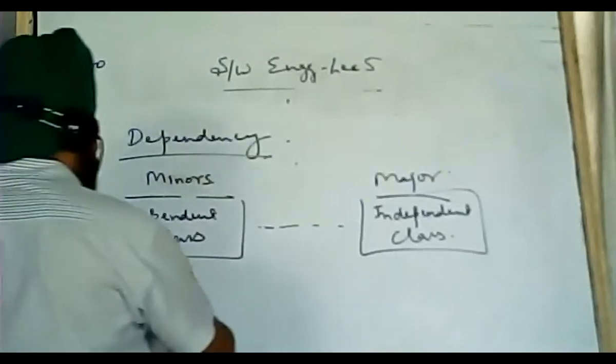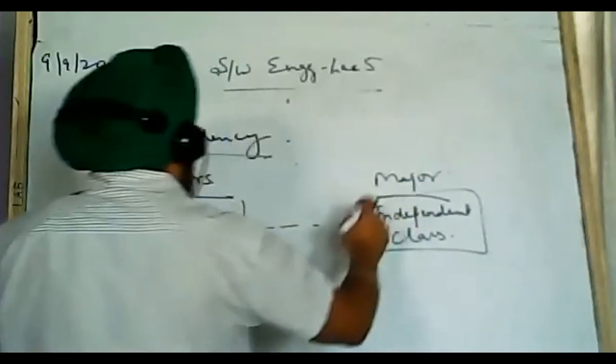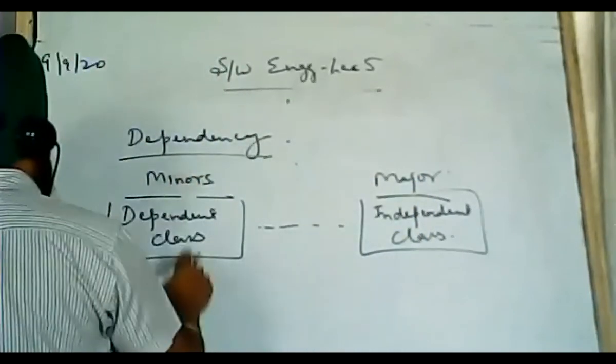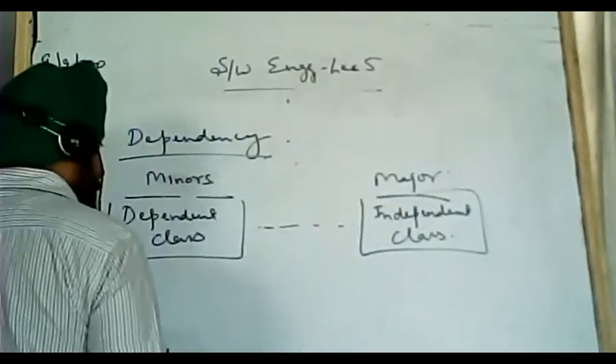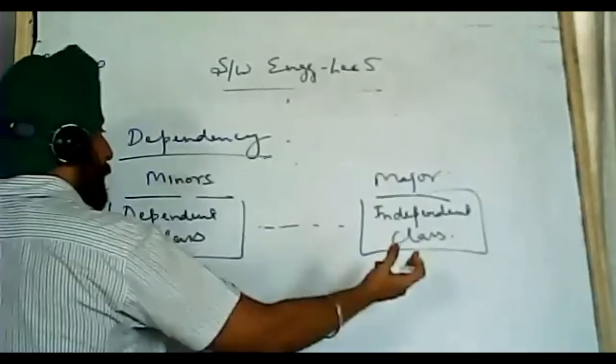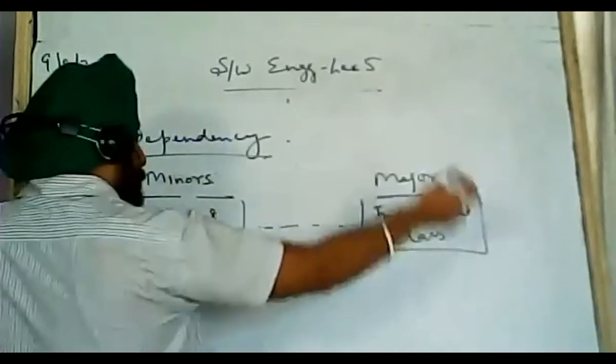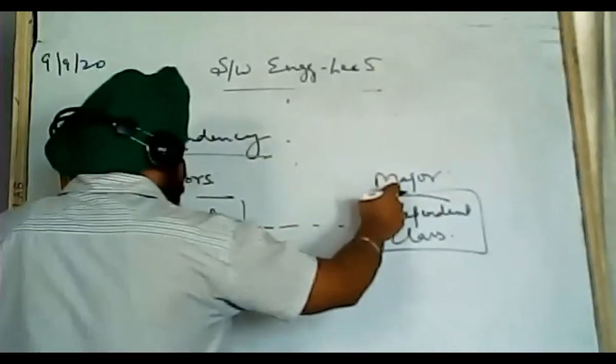Now the small kids are dependent. So major is the independent, minor is the dependent. So minors are dependent upon majors or the adults. So there the instance of minors is dependent upon instances of the major. Means children are dependent upon their parents.